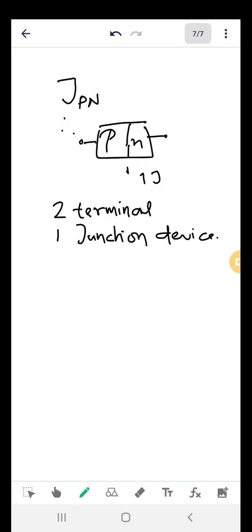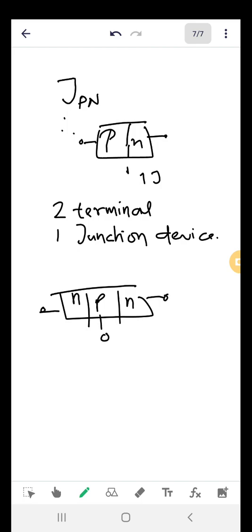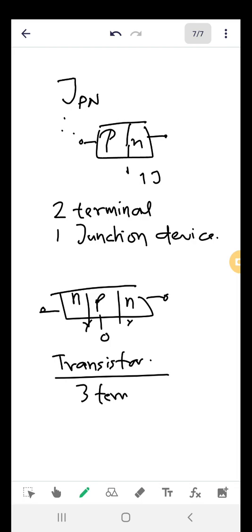But if you talk of a transistor, for example NPN or PNP, let's take an NPN. There are three terminals, 1, 2 and 3, and there are two junctions. So a transistor is a three-terminal, two-junction device.